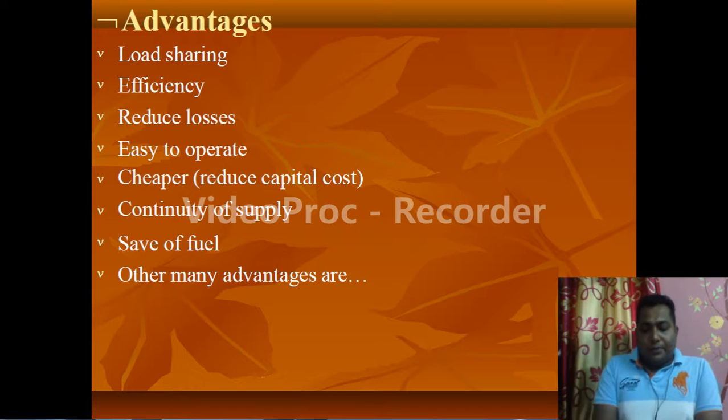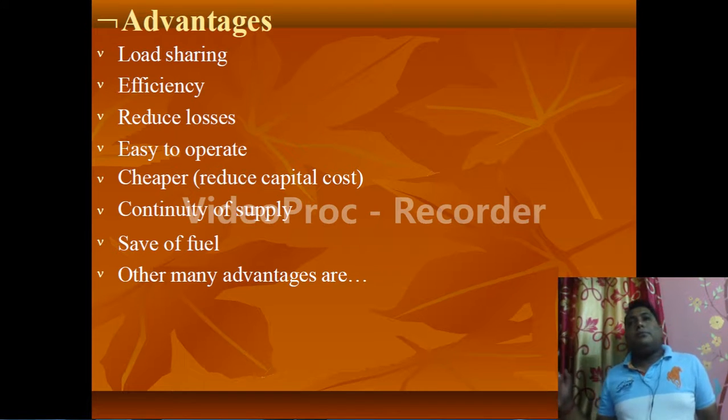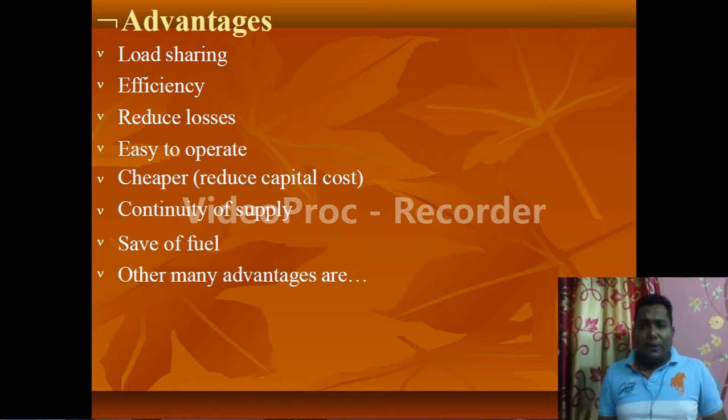Say one alternator is enough to meet the power demand of some load.